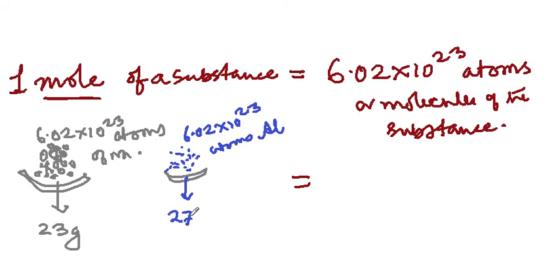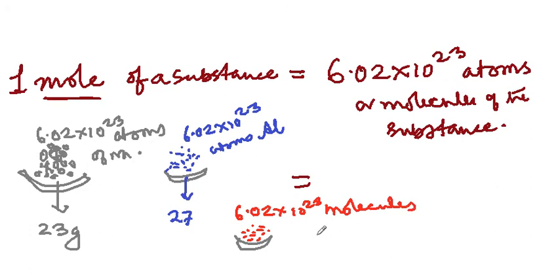Exactly like that, if we take the mass of 6.02 into 10 to the power of 23 molecules of water, its mass will be 18 gram. So 6.02 into 10 to the power of 23 atoms or molecules of a substance would be equal to its molecular mass.